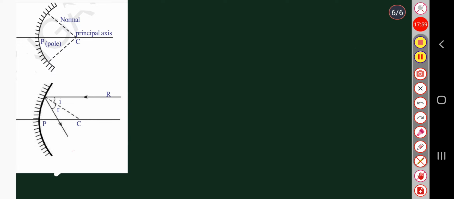Now look at this diagram, all of you. In the first diagram, there are dotted lines. What does this dotted line represent?